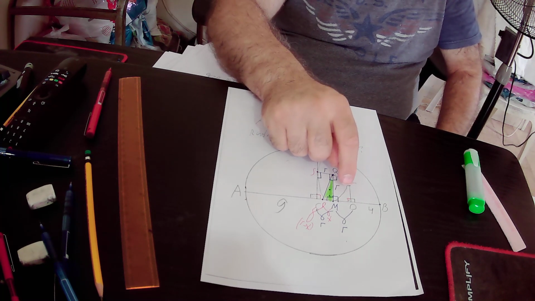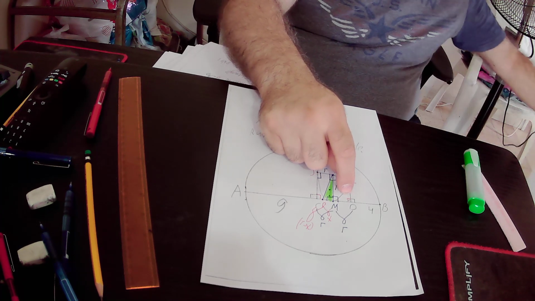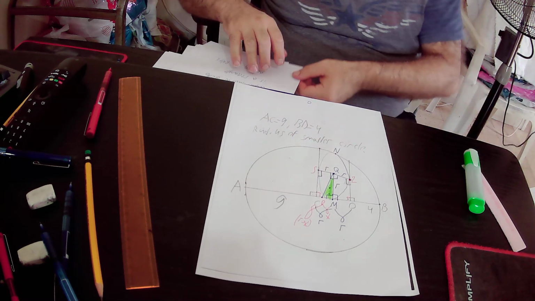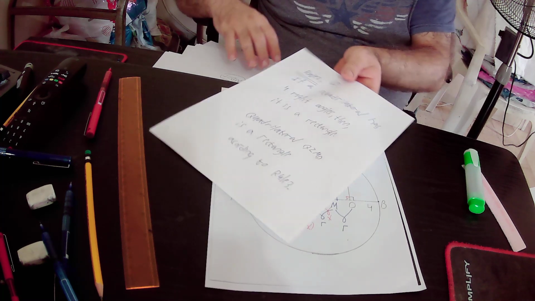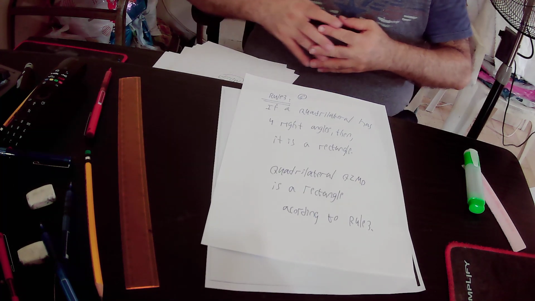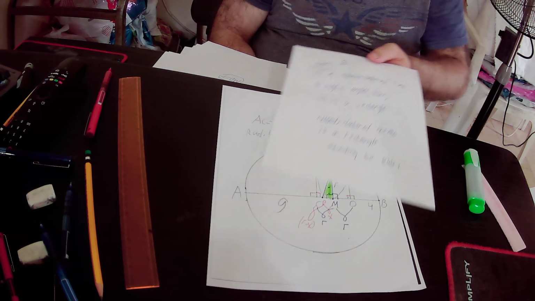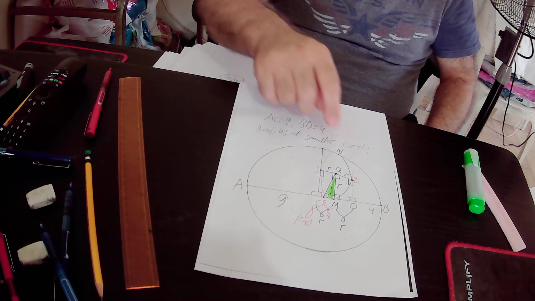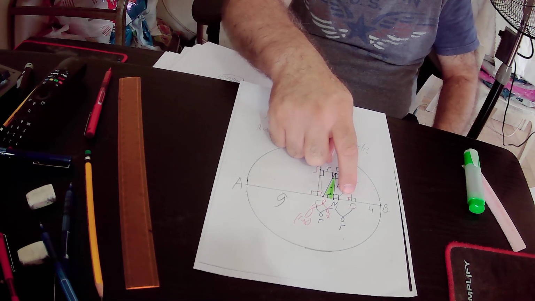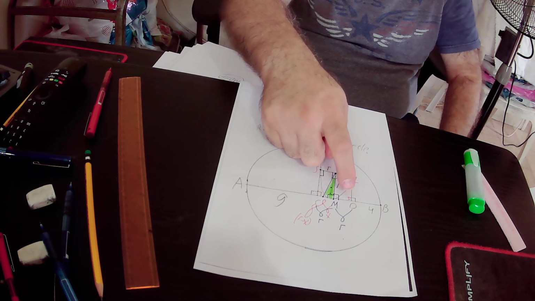So we have in this quadrilateral 4 right angles, and according to rule number 3, if a quadrilateral has 4 right angles, then it is a rectangle. Therefore it is a rectangle.